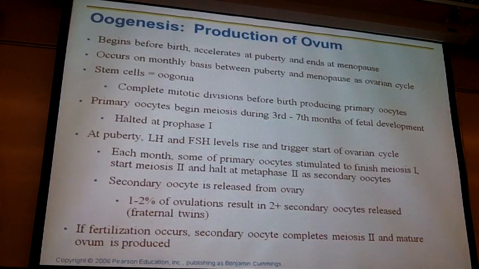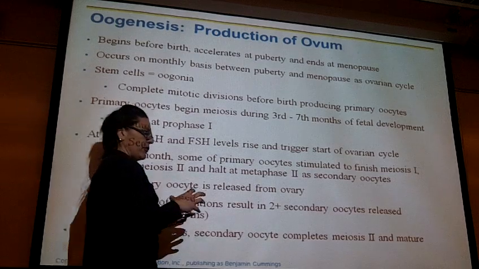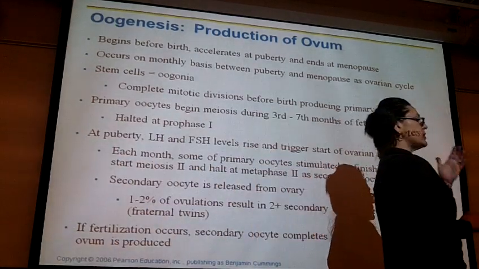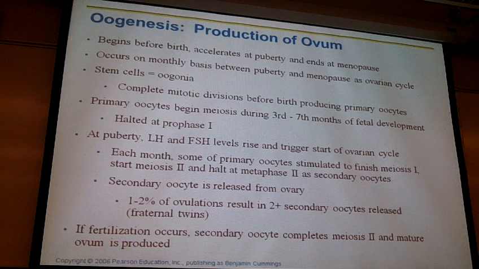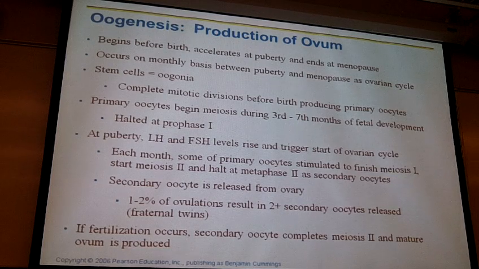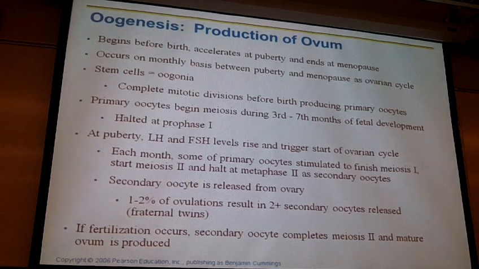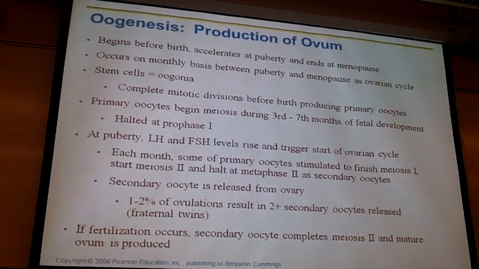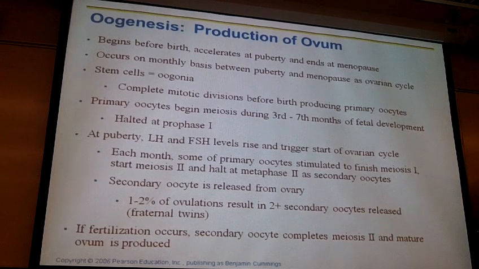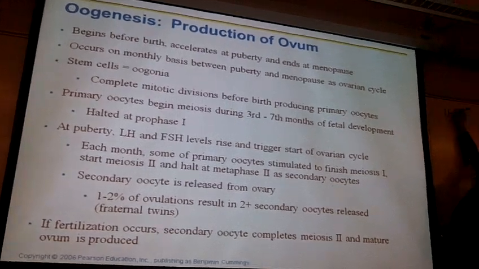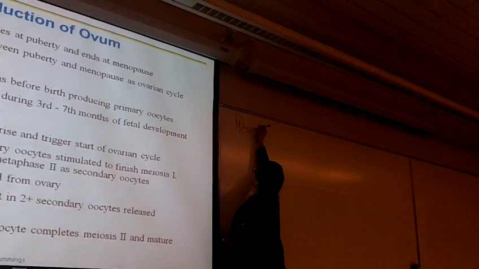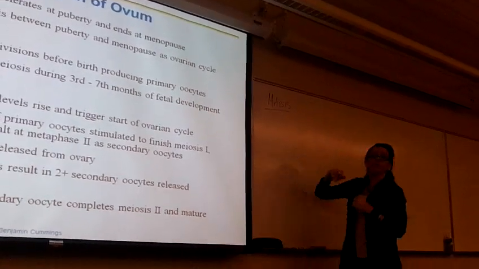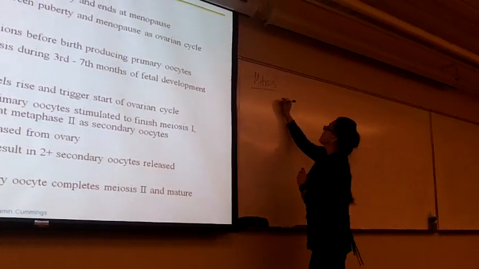Okay, so since we're here at the ovaries, we're going to start talking about oogenesis. So in terms of how we make these oocytes and then ultimately the ovum, we need to go through the processes that we talked about before. So I'm just going to put them back up here. And just like before, we're going to define these different cells.